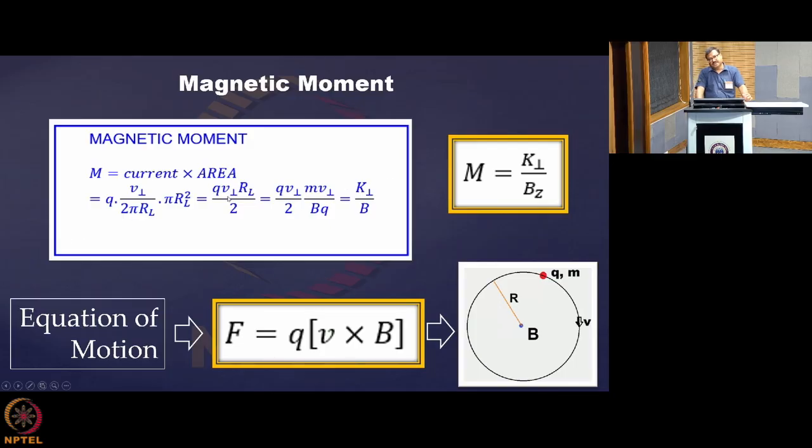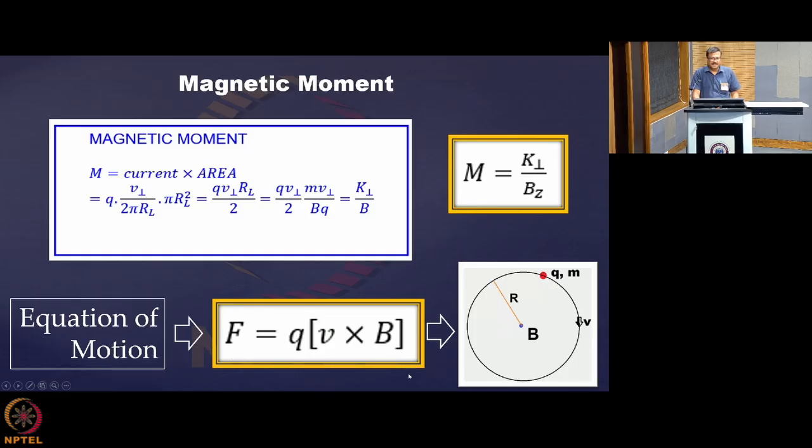So from this we find that when the particle orbits under a magnetic field without any electric field, then the motion is just F equal to q v cross B, and the magnetic moment of the orbit is K perpendicular by B_z. So what we should note here is that when you get an expression of the type F equal to q v cross B, then you must be sure that it is an orbital motion.